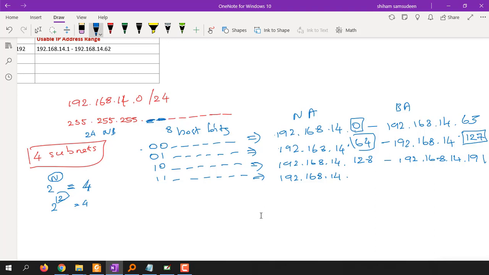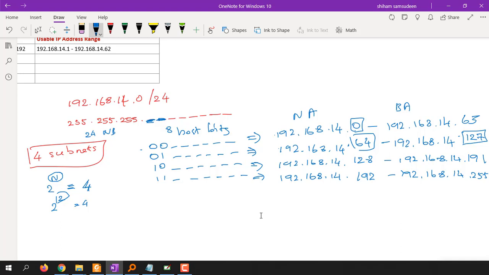192.168.14.11 means the first bit is representative of 128, and the second one is representative of 64. So 128 plus 64 is 192, and it ends at all ones here. So all these 8 bits made it to 1 means it is 255, right? 192.168.14.255.